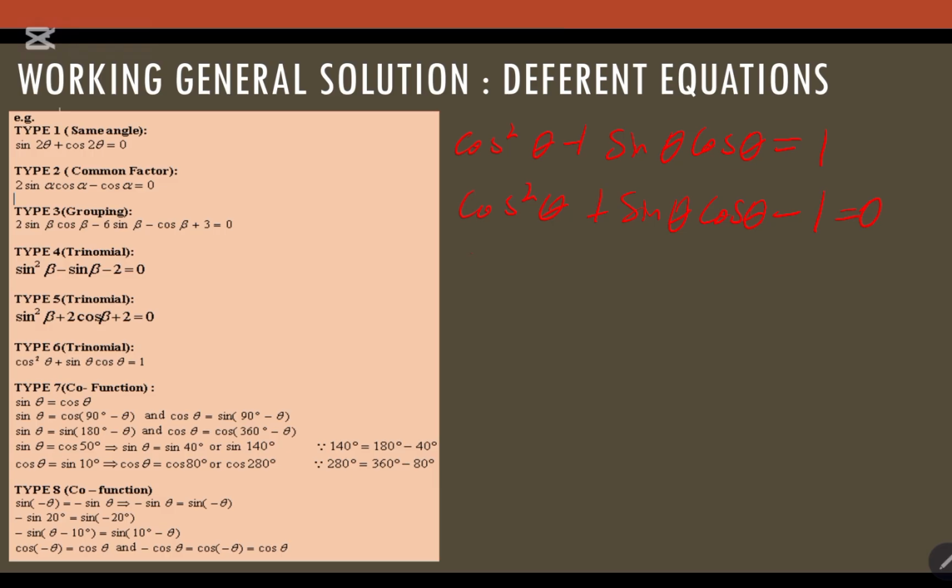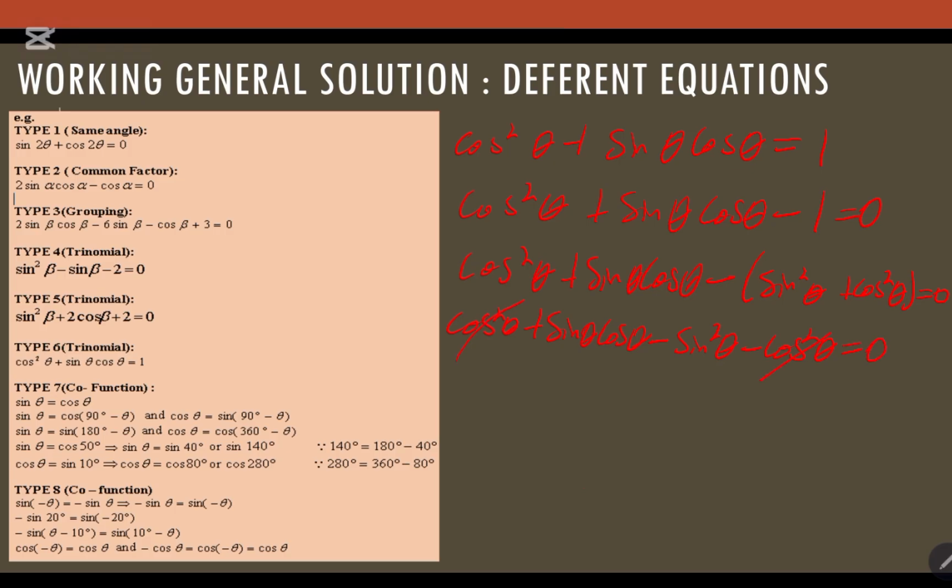So in other words, this is cos squared theta plus sine theta cos theta minus sine squared theta plus cos squared theta is equals to 0. So this is cos squared theta plus sine theta cos theta minus sine squared theta minus cos squared theta is equals to 0.